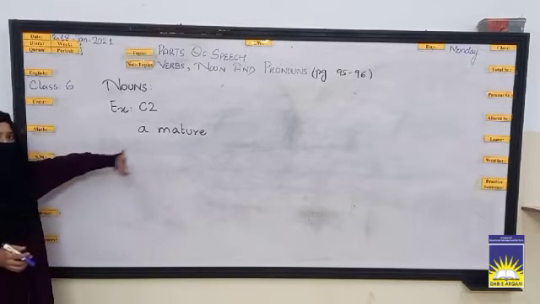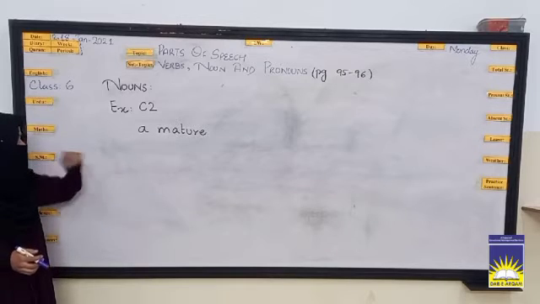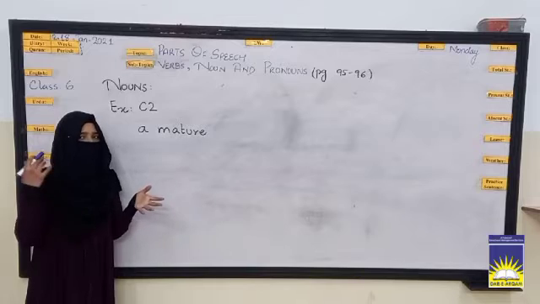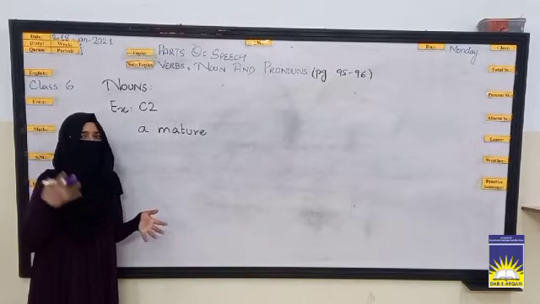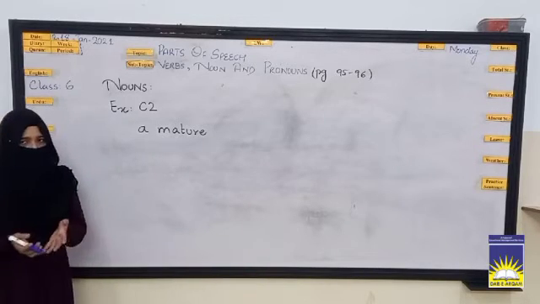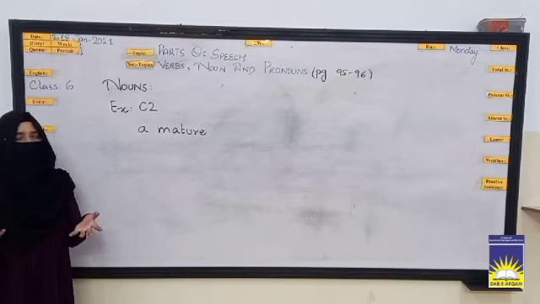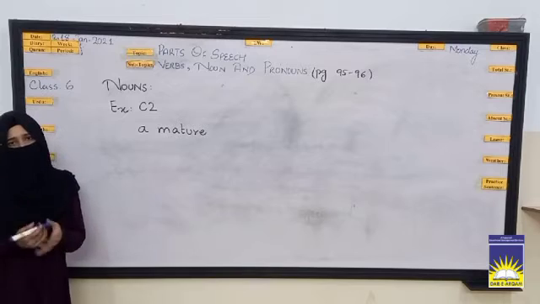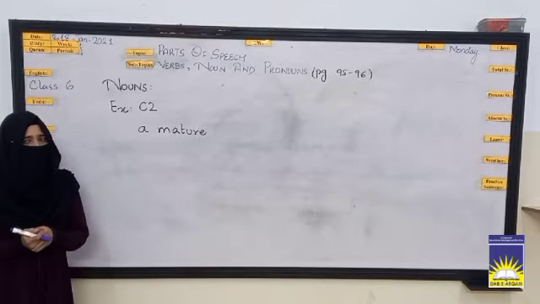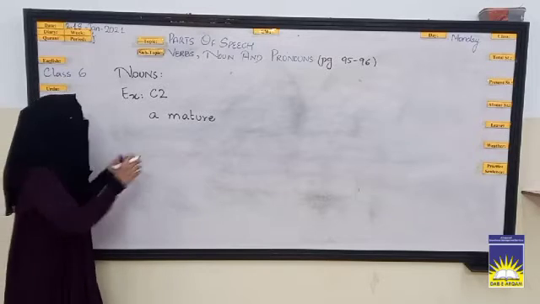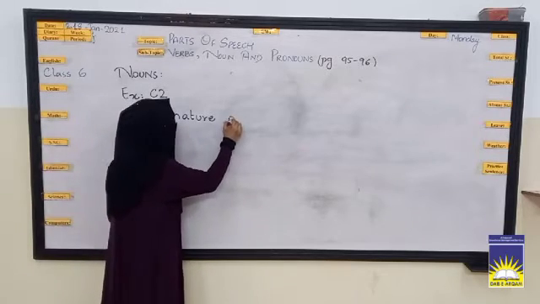For example, I have taken one adjective from your textbook, that is mature. Now this is a describing word, so we have to give a suitable noun to this adjective. What can be the noun we can put here for mature? Just think by yourself. I think that I can write here, a mature person.